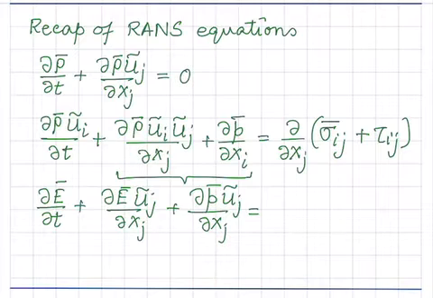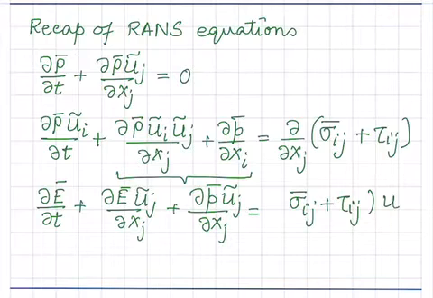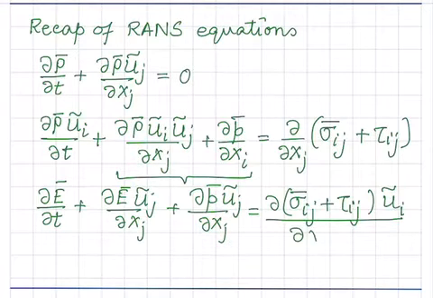On the right hand side we have the viscous effects, the viscous work, which is sigma_ij again plus tau_ij times u_i tilde, derivative of this whole thing with respect to x_j.